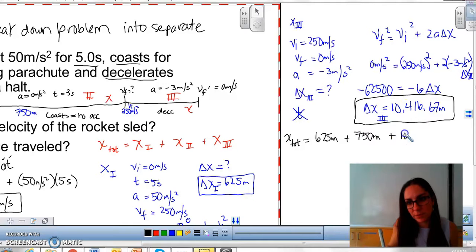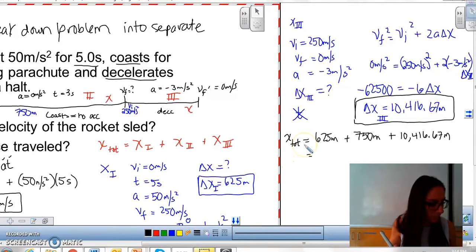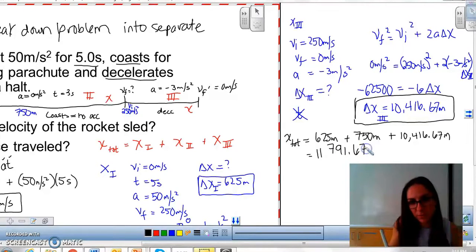Plus the third distance, 10,416.67 meters. And let's go ahead and add those together. We get 11,791.67 meters total.